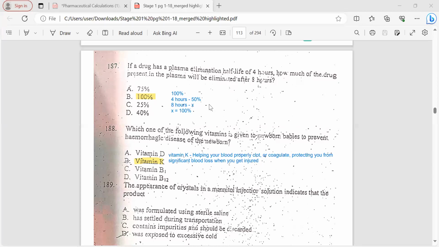Okay. So this one, if a drug has a plasma elimination half-life of 4 hours, how much of the drug present in plasma will be eliminated after 8 hours?